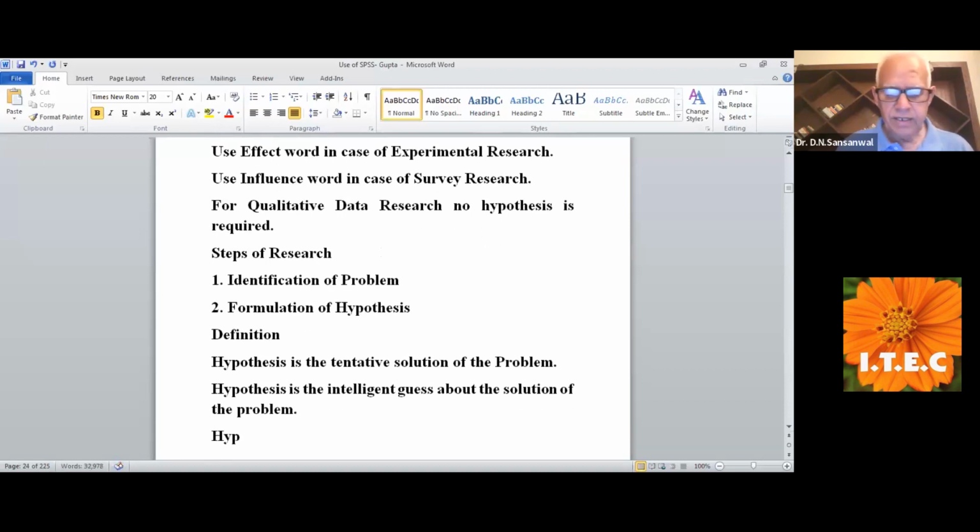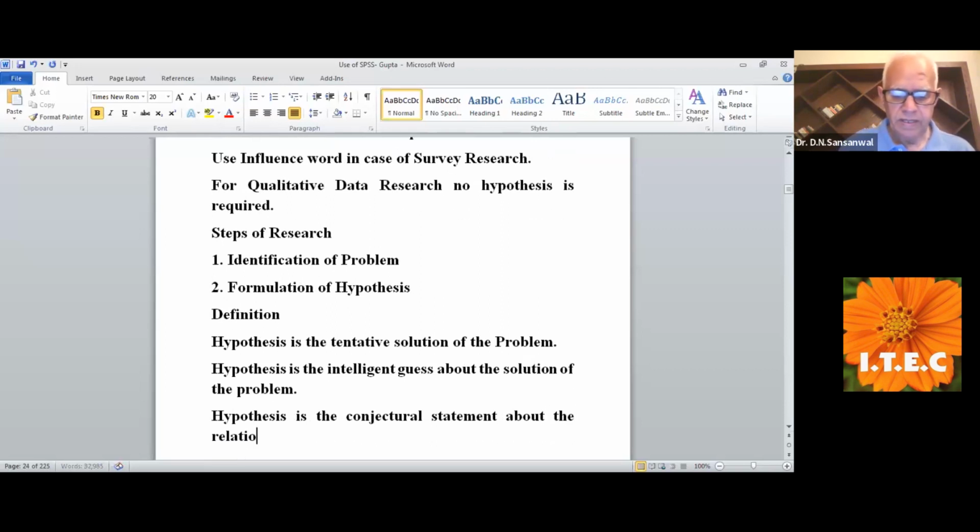And the third is, hypothesis is the conjectural statement about the relationship between variables.